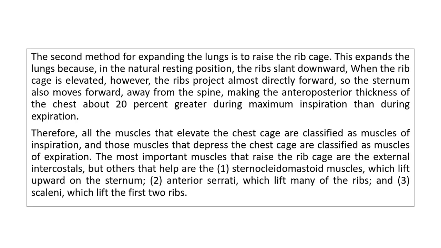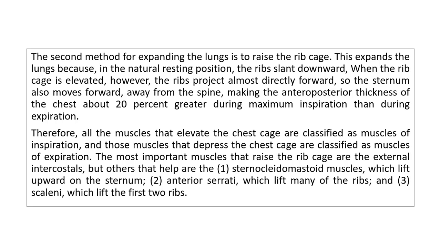So the sternum also moves forward away from the spine, making the anterior posterior thickness of the chest about 20% greater during maximum inspiration than during expiration. Therefore, all the muscles that elevate the chest cage are classified as muscles of inspiration, and those muscles that depress the chest cage are classified as muscles of expiration.